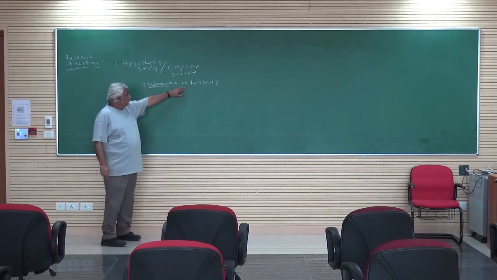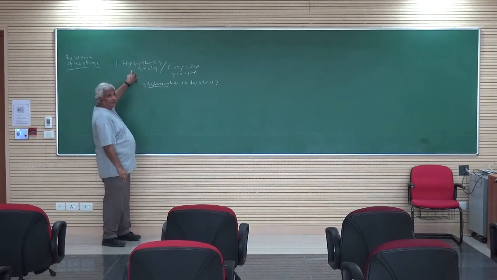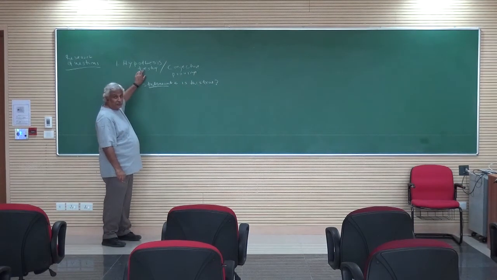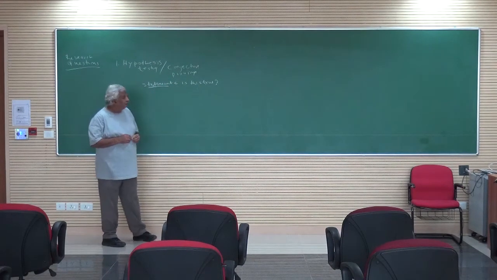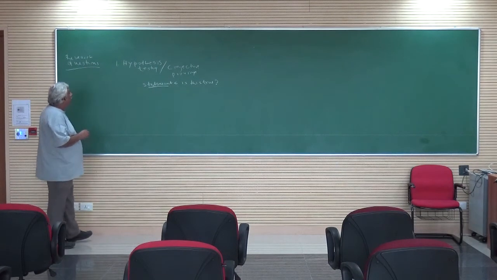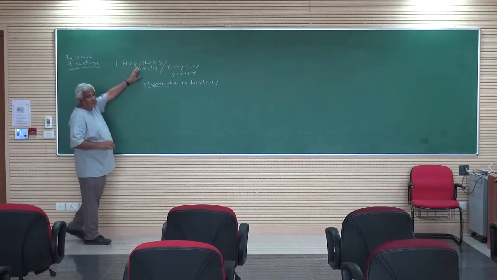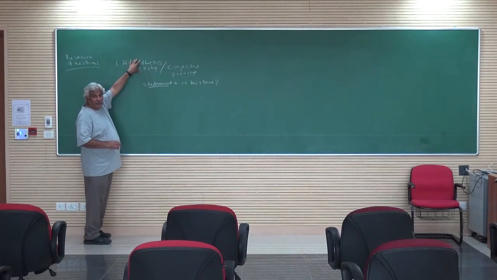What we do to answer this question is, in science, it is hypothesis testing, and in mathematics, it is conjecture proving, that you prove the statement to be true or false. And a great deal of scientific research actually is of this type.